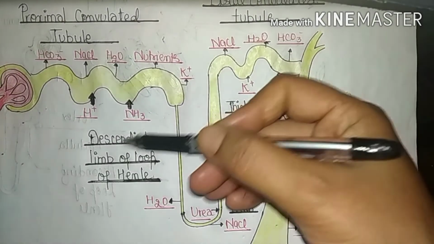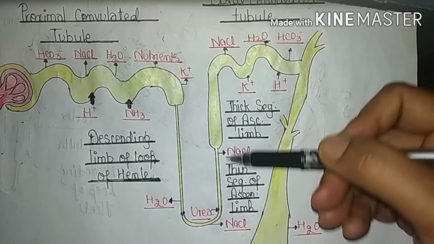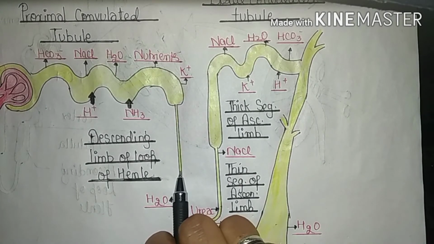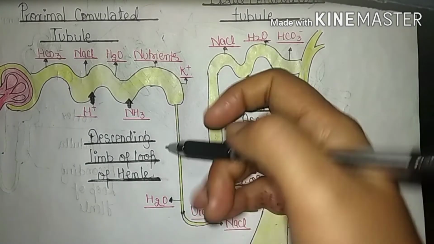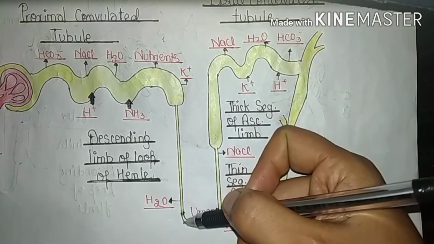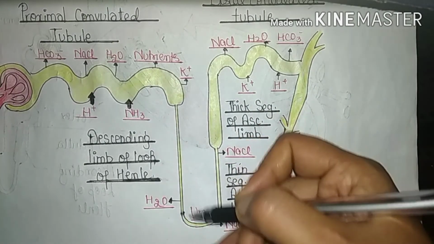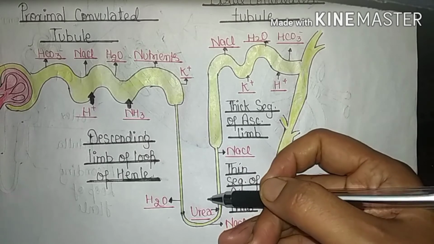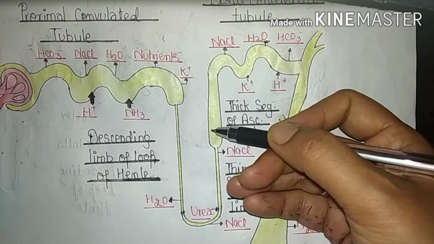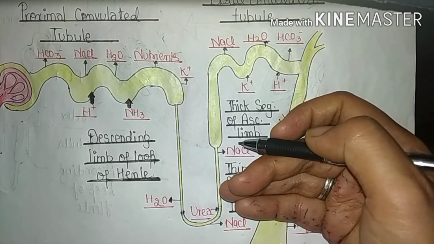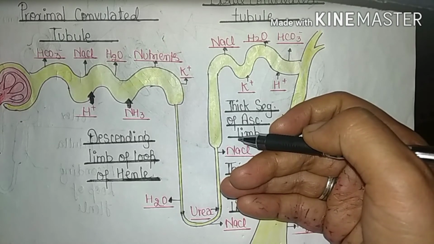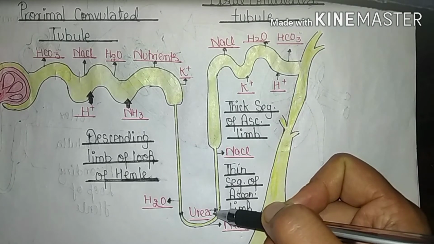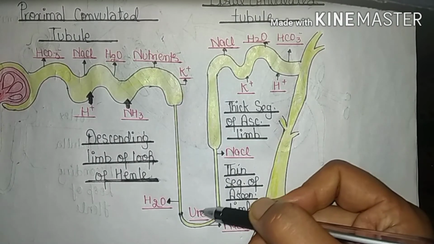Here is the descending limb of the loop of Henle. The descending limb is freely permeable to water, so it reabsorbs water. The loop of Henle reabsorbs water, sodium chloride, potassium, bicarbonate ions, calcium and magnesium, and it secretes urea.